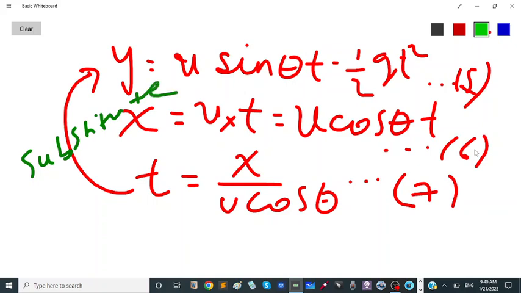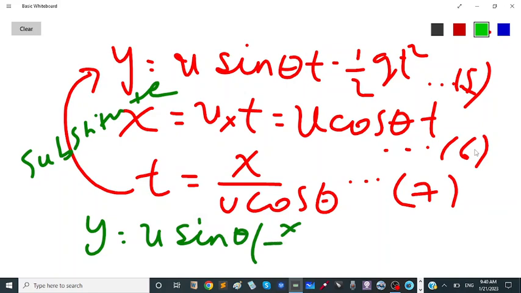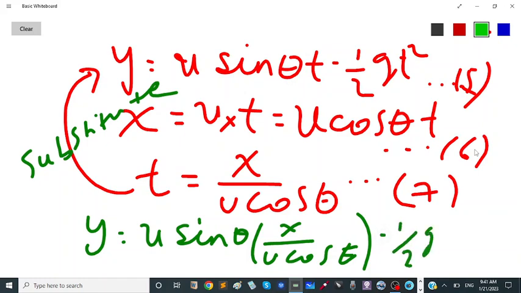So what will happen when you substitute this one? Y is equal to U sin theta, okay, x over U cos theta, minus half g, x square over U square cos square theta.